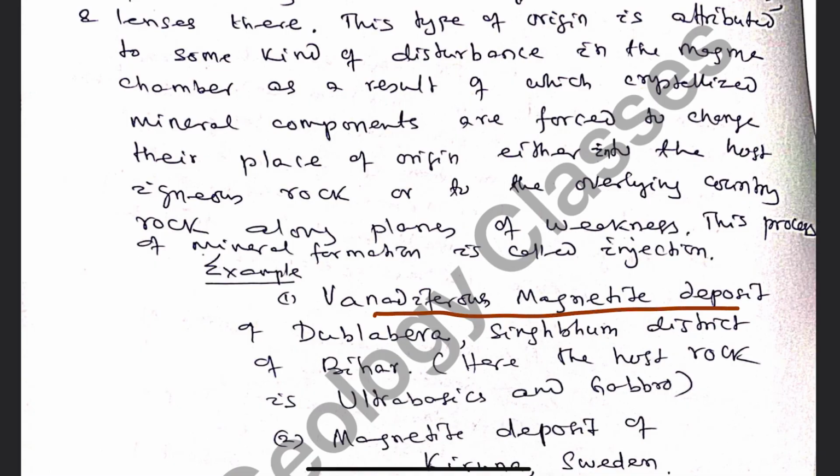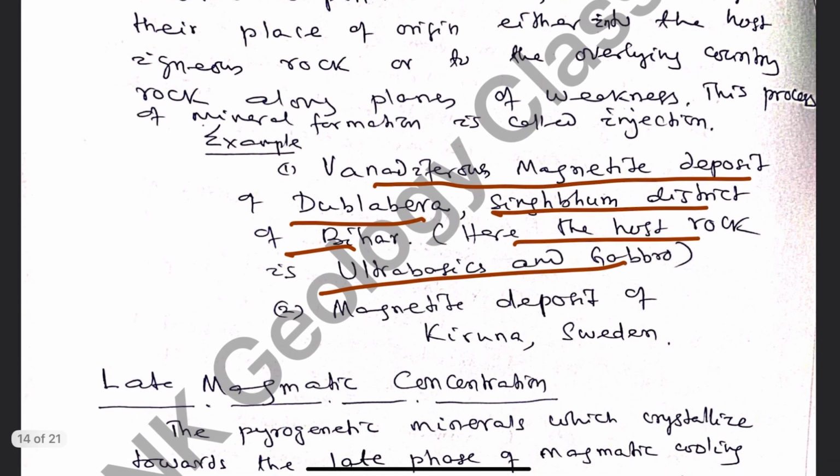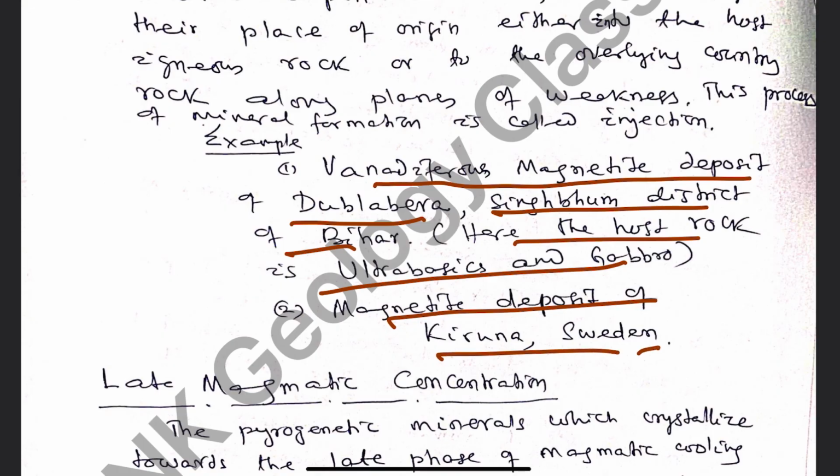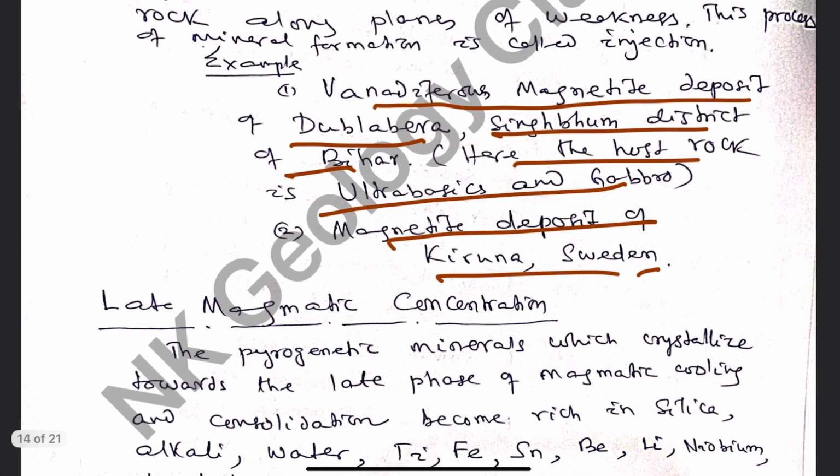the Vanadiferous magnetite deposit of Dubla-Vera, Singhbhum district, Bihar. Here the host rock is the ultrabasic and gabbro. Magnetite deposit of Kiruna, Sweden. So these are the injected mineral deposits which developed in the early phases of magmatic cooling and consolidation.